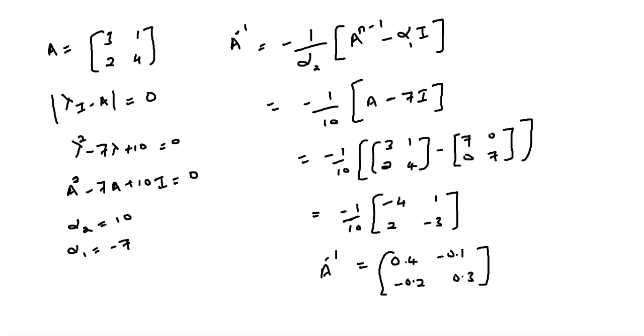We can confirm this from our knowledge of the inverse of a matrix. So our matrix A is the matrix 3, 1, 2, 4.